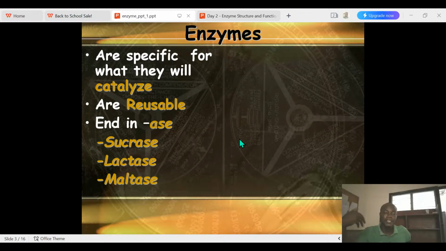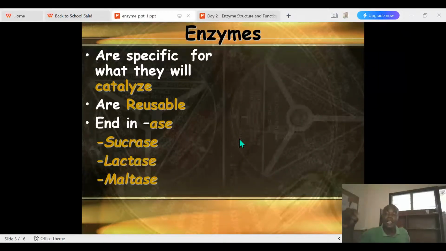What we are saying is enzymes are specific for what they catalyze. If an enzyme is catalyzing only glucose, it cannot catalyze protein. That is why they are specific. Even in carbohydrates, we have monosaccharides and disaccharides. Under monosaccharides, examples are fructose and glucose.